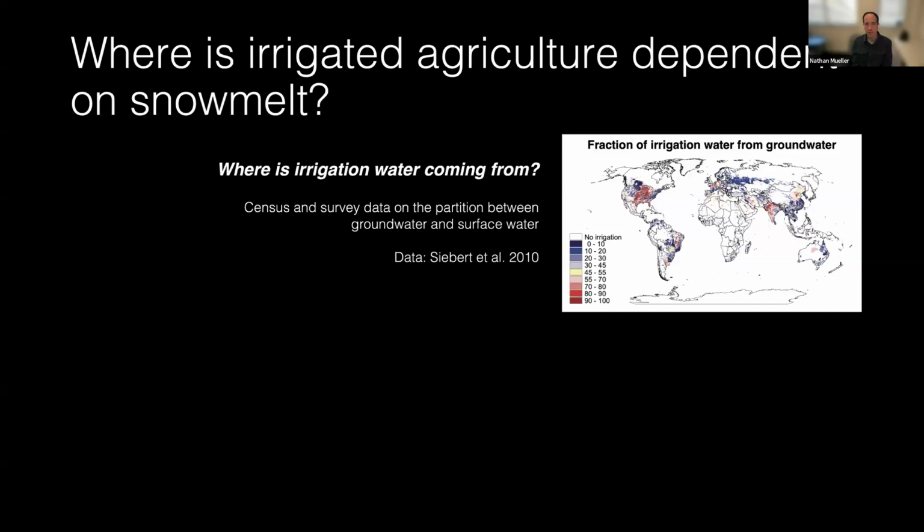So first we had to ask, where is irrigated agriculture dependent on snowmelt? And for that, we used this map from our co-author, Stefan Siebert, who exhaustively compiled statistical records of one form or another across the world to basically map out the dependence on groundwater versus surface water.